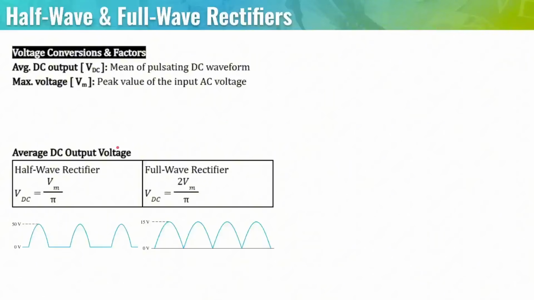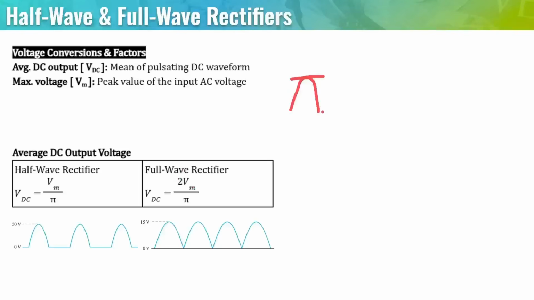You should know that we divide by pi because in a sinusoidal wave, one cycle goes from 0 to pi radians. So for a half wave rectifier, the peak is just here, right? So we only need Vm over pi. But for the full wave rectifier, we need two of these.